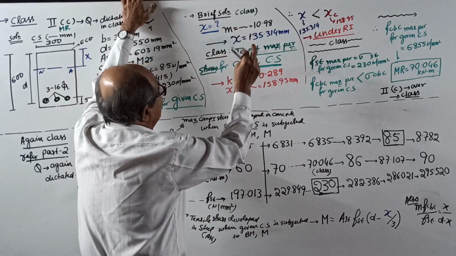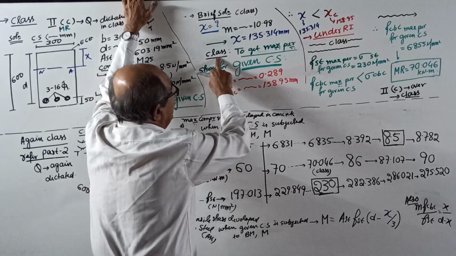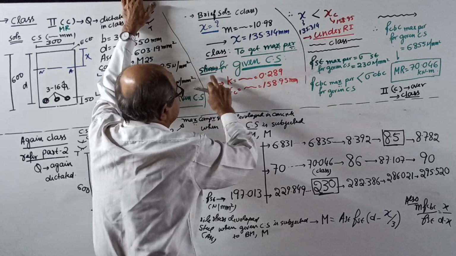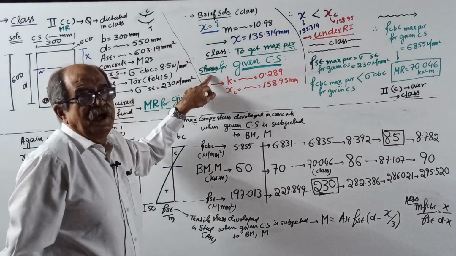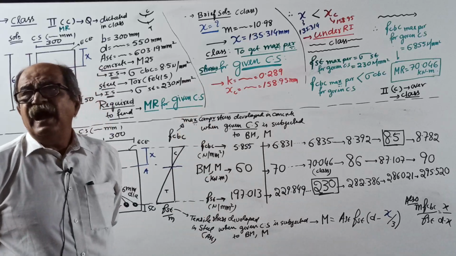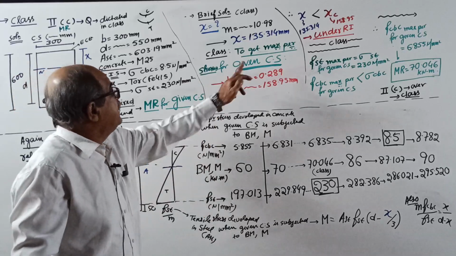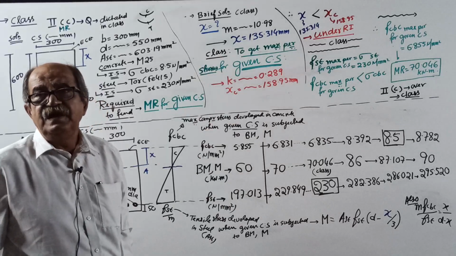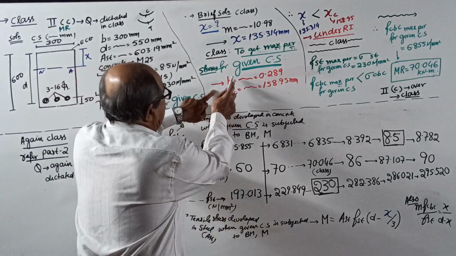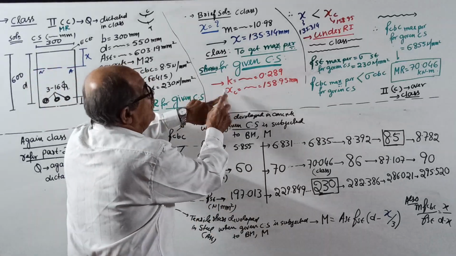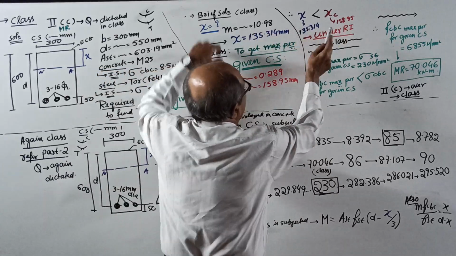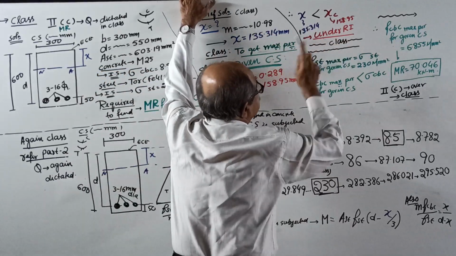Now for MR, you require the maximum permissible stresses, compressive stress for concrete and stress in tension steel for the given cross section. Right? You get k, find xc. Compare x with xc. You can see here under reinforced came.